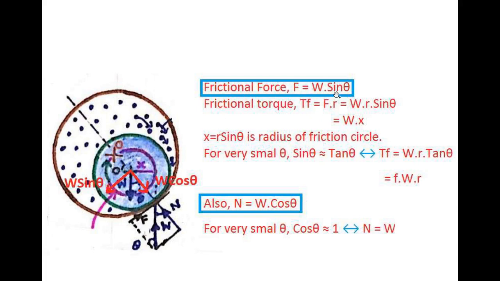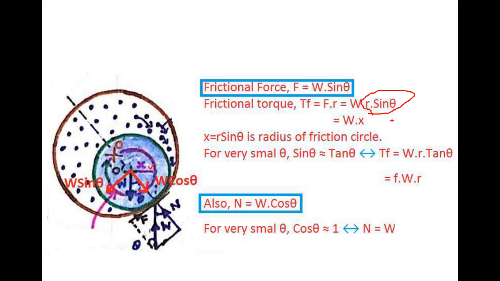Now the frictional torque Tf is simply F into R, frictional force into radius of the journal. So we can write W R sin theta. If you replace R sin theta as x, then it can be written as Wx. This x is the radius of the friction circle. So simply the radius of the friction circle will be R sin theta.